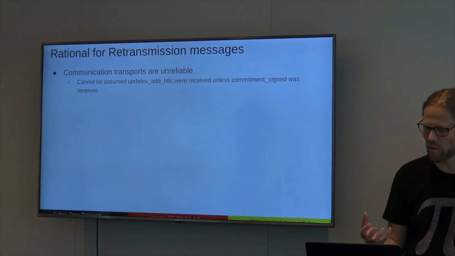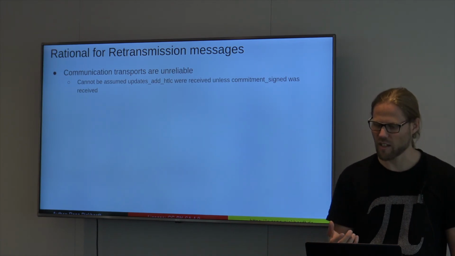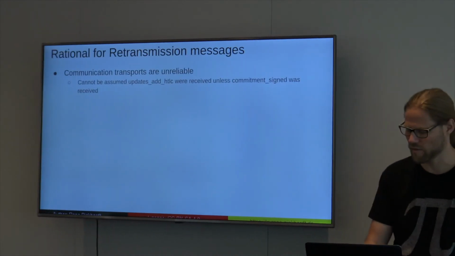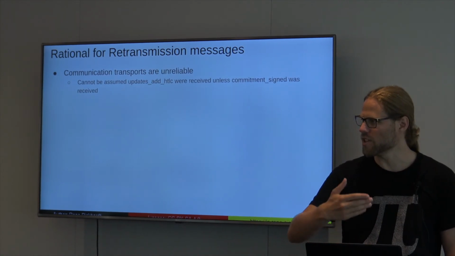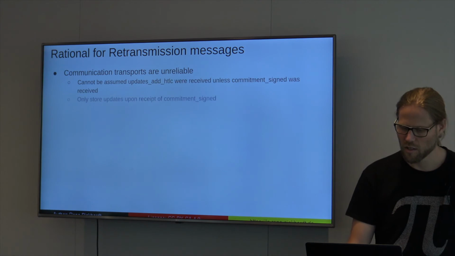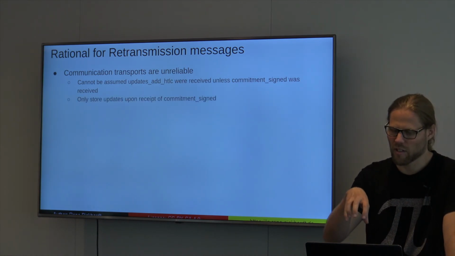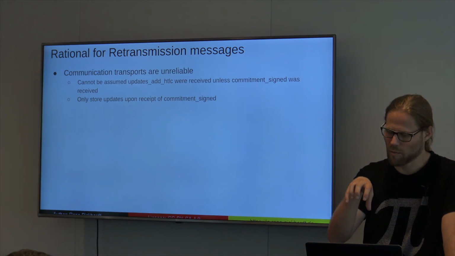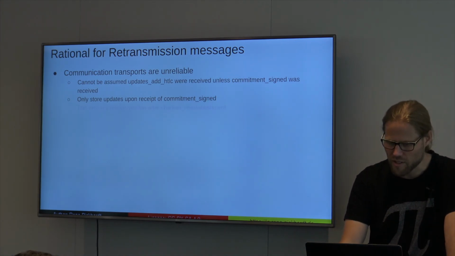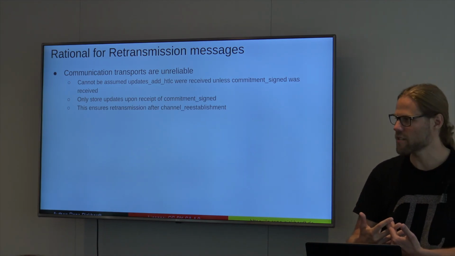So I cannot assume, for example, that update HTLC messages were received unless a commitment signed message was received. And therefore, I might have to retransmit them again and again after a certain amount of time. Or I only store updates upon receiving the commitment signed message. And this ensures the retransmission after channel reestablishment, right?